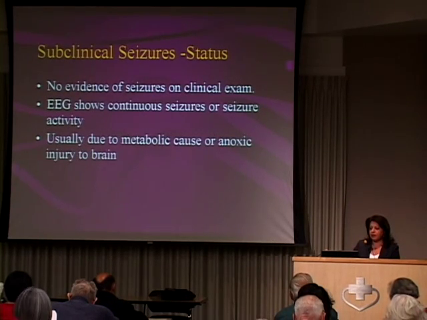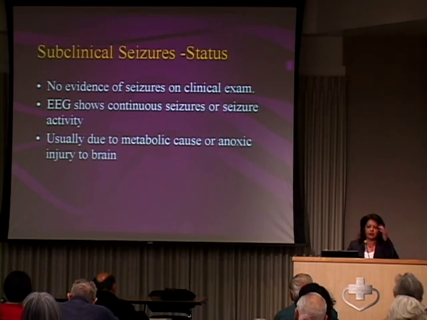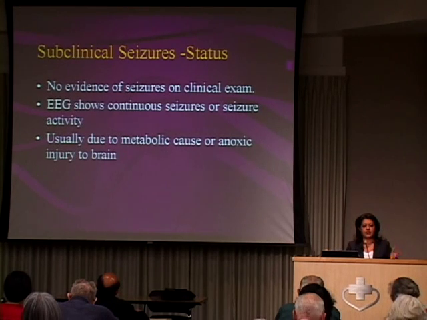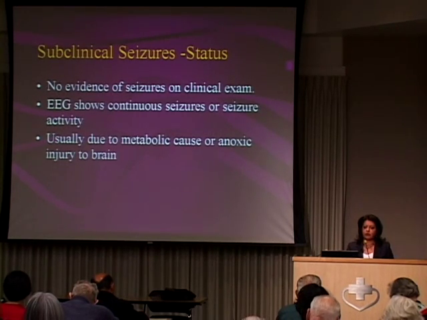This is an entity where, for example, somebody has anoxic brain damage, and they are lying in the bed in a comatose condition in one of our ICU beds, and we try to figure out what's wrong with the patient and how long we're going to treat this patient. The family is asking what the prognosis is. It's very important for me as a neurologist to find out if they're having any seizures.